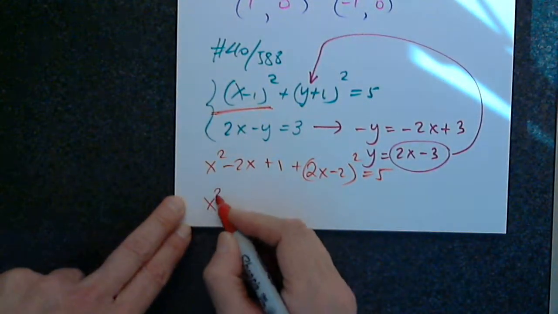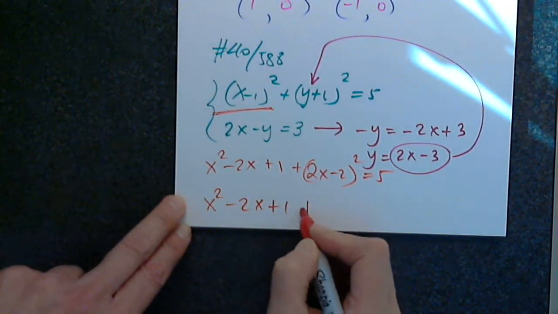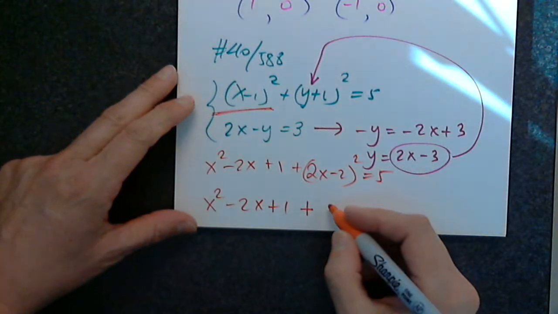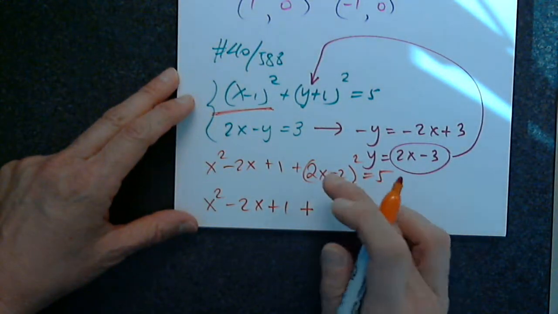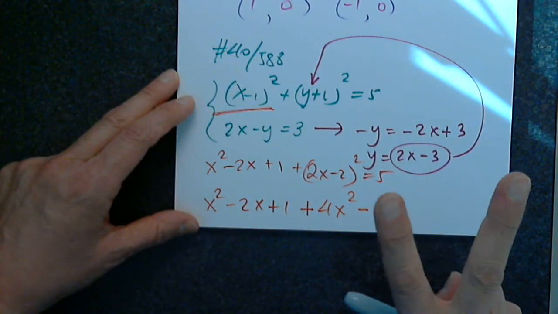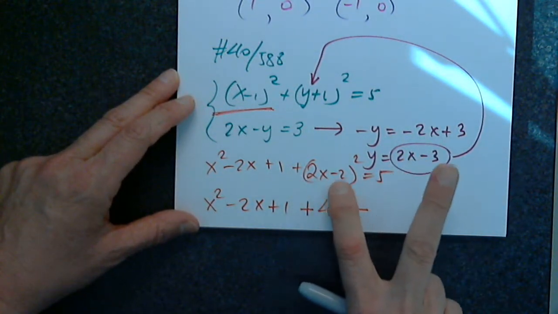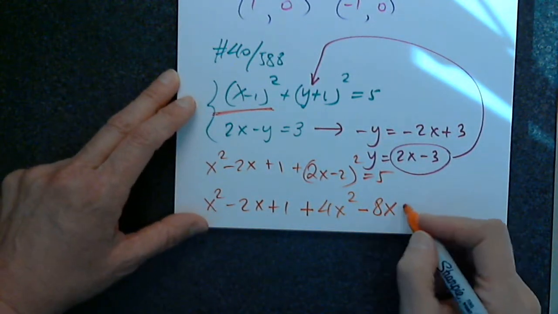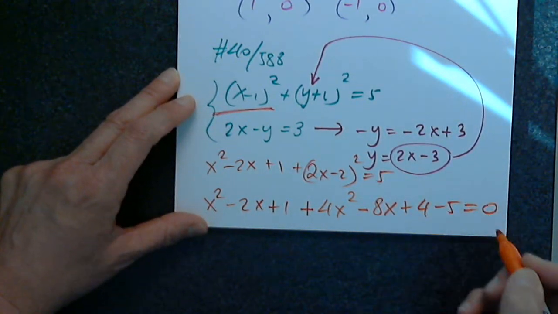So now x squared minus 2x plus 1 plus. The reason why I always start with that is because it pops up almost every class. Plus what? Can anyone square 2x minus 2 for us? First, 4x squared, minus 8x, plus 4, minus 5 equals 0.